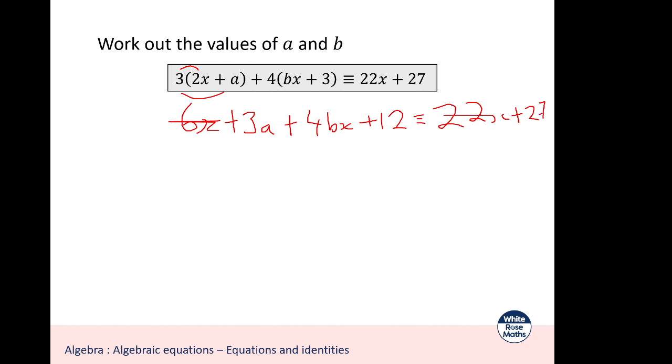So I can say 6 plus 4b has to equal 22 by definition, because the x's on the left-hand side have to be equal to the x's on the right-hand side. And then all the constants have to make 27. So 3a plus 12 has to equal 27.